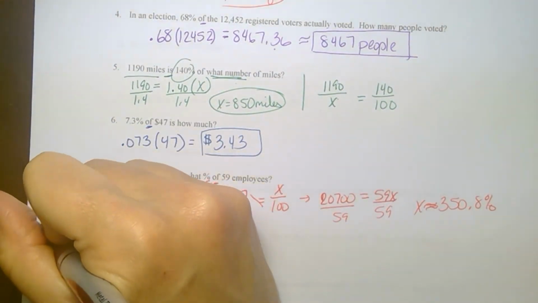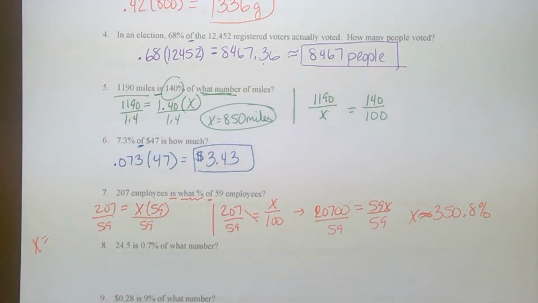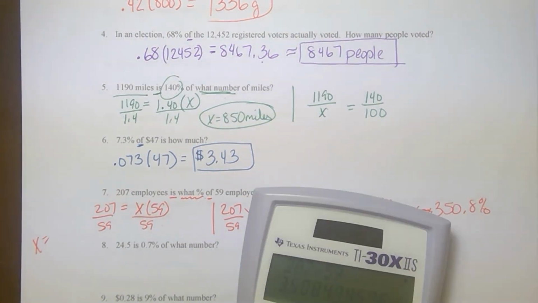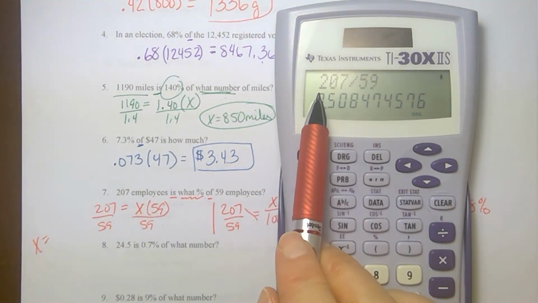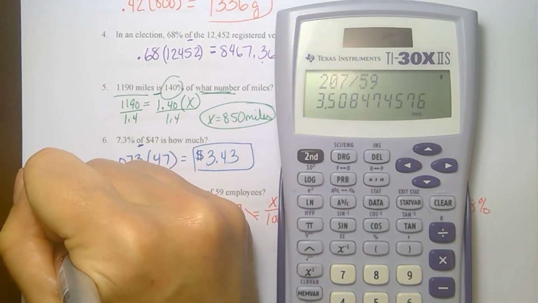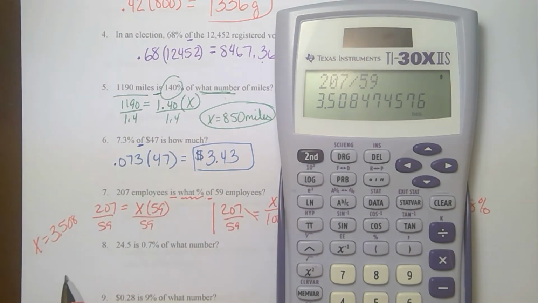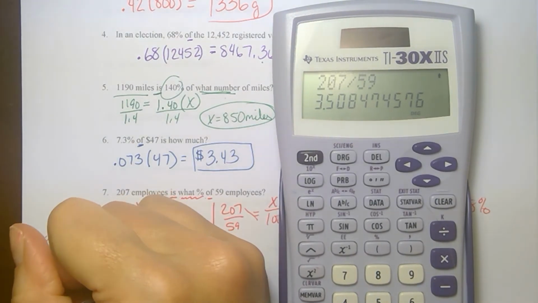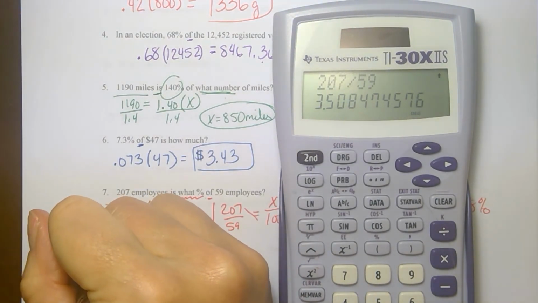When I do it over here and I divide by 59, I get that x is equal to 207 divided by 59. Notice that it gives me a decimal. It gives me 3.508. So when I solve the percent equation, I get the answer as a decimal, and I have to multiply it by 100% to turn it to a percentage.